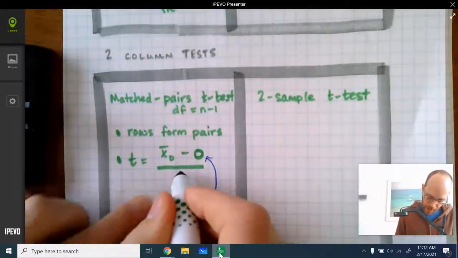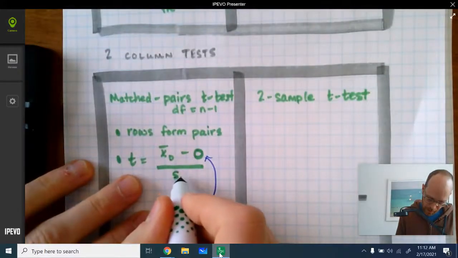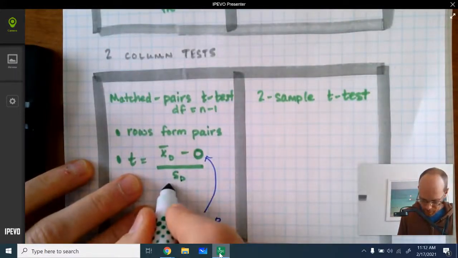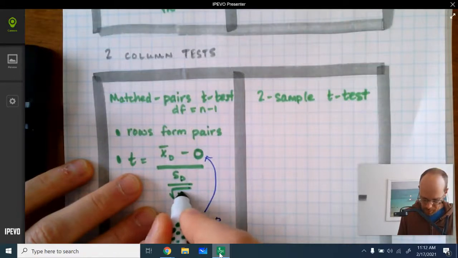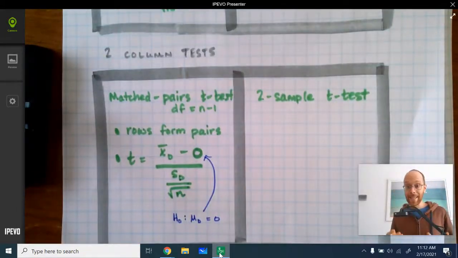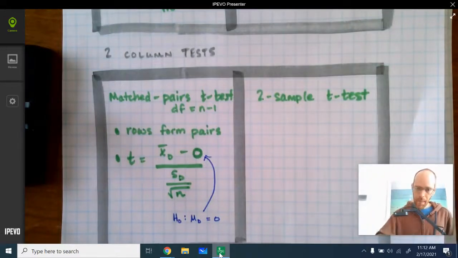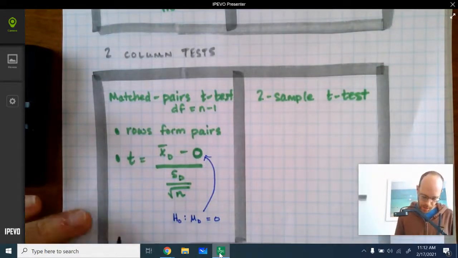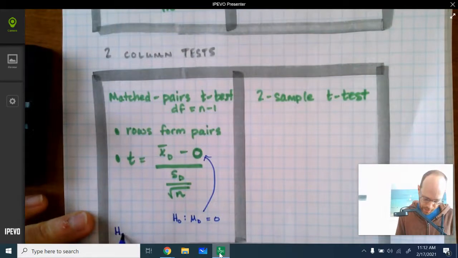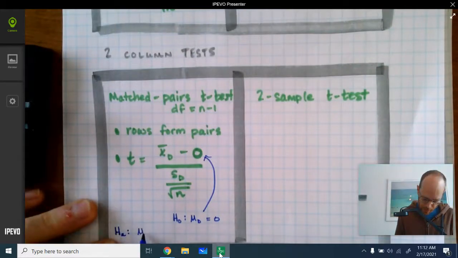And then in the denominator here, this will be the standard deviation of the differences divided by the square root of n, where n is just your number of differences. Okay, maybe something worth noting here is that for your alternative hypothesis, you want to cook up the differences so that they're positive.